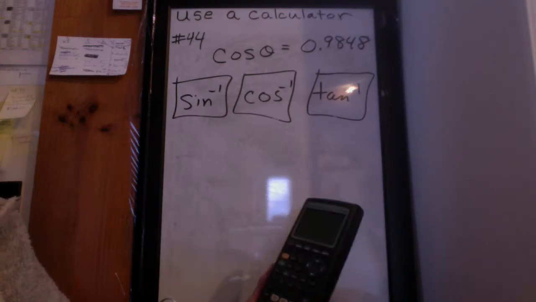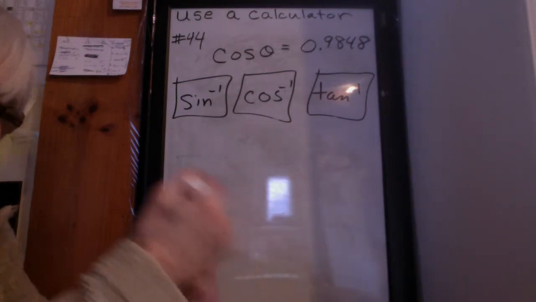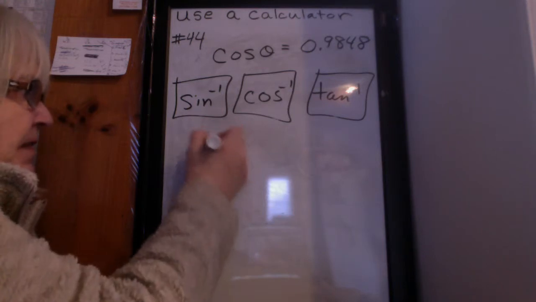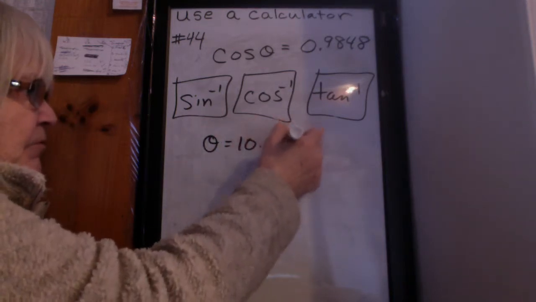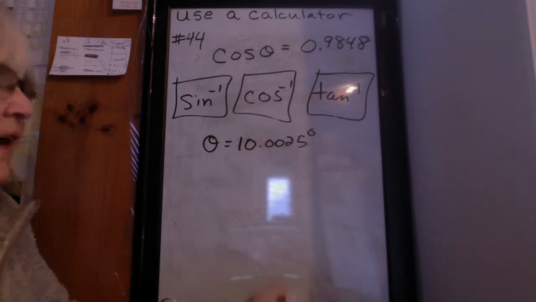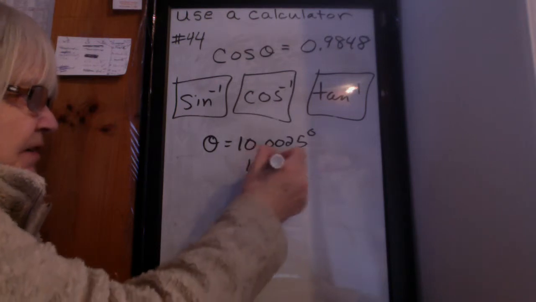And it gives me 10.0025. So that means that theta equals 10.0025 degrees. Now, if I asked you to round it to the nearest degree, then you could say 10 degrees.